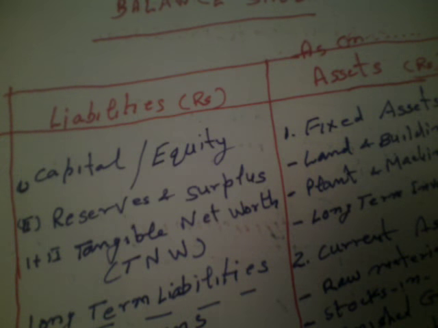Now, in the case of limited companies, reserves and surplus is shown as a separate profit and loss account. But in proprietary and partnership concerns, they don't show it as a separate profit and loss account. They will just adjust it in the reserves and surplus itself.